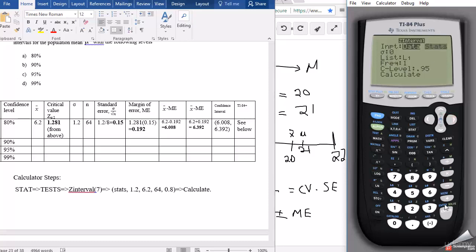The standard deviation of the population is given as 1.2, the mean of the sample is 6.2, n is 64, and the confidence level is 0.80.